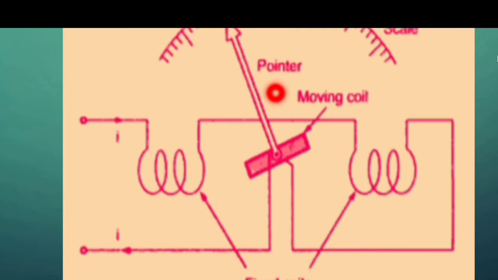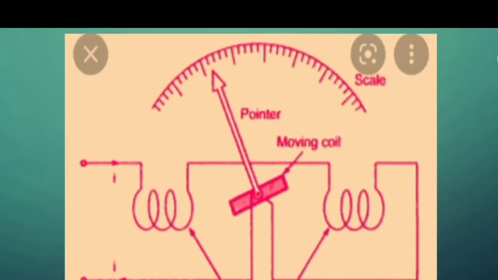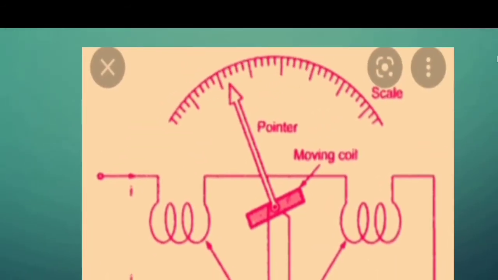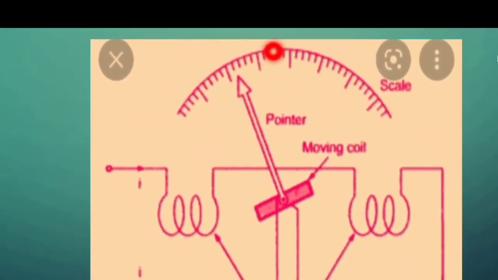And the last system is the indicating system. Here in this instrument we make use of a pointer and scale arrangement. This acts as the indicating system, and a non-uniform scale is used in electrodynamometer type instruments.